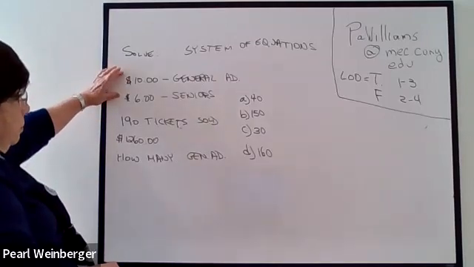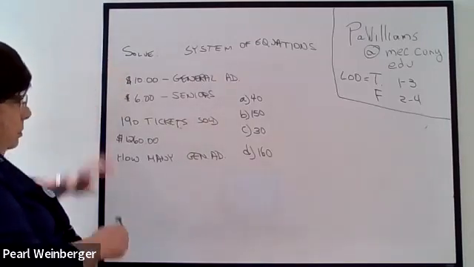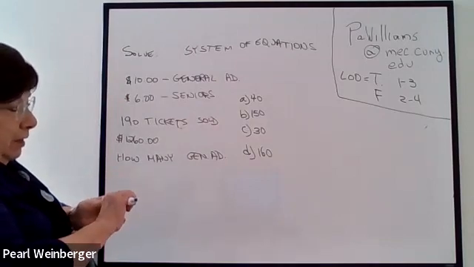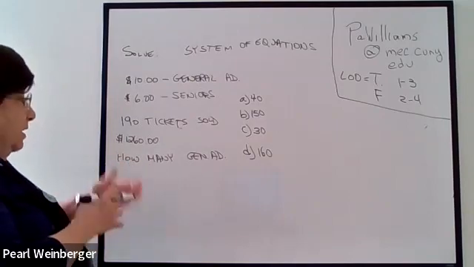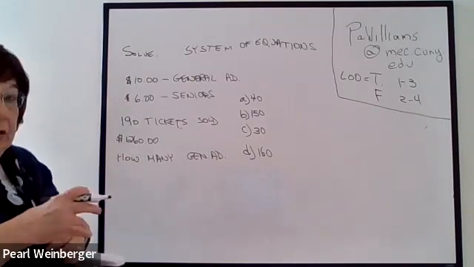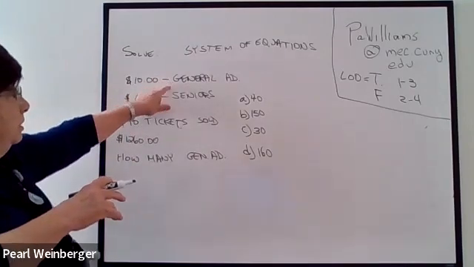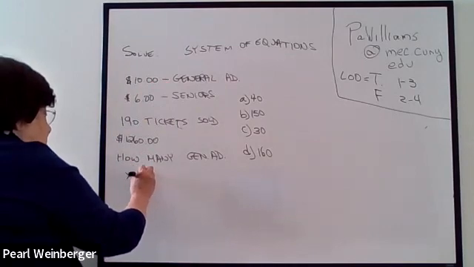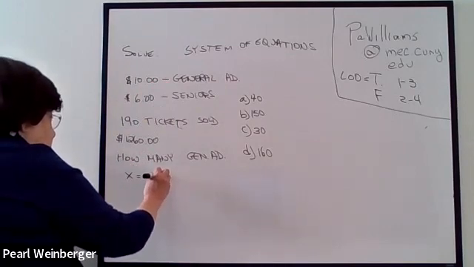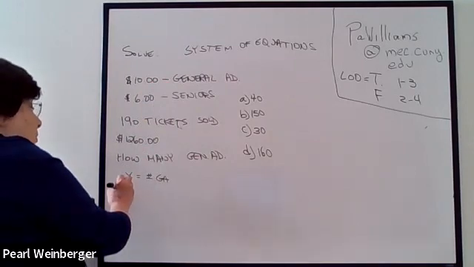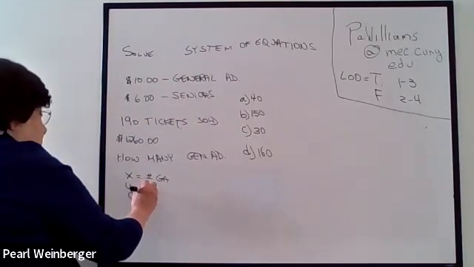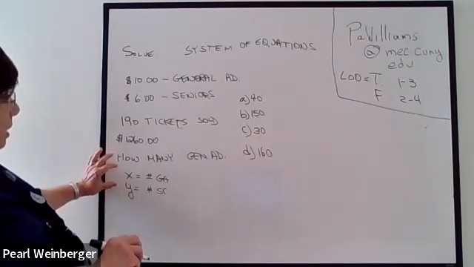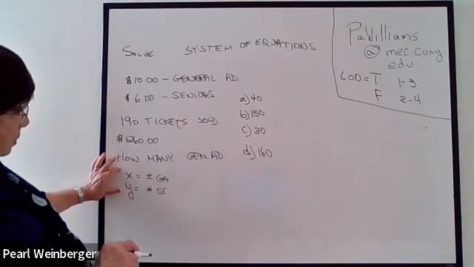All right, just like we did before, we're going to have to decide what variables we're going to use. I'm going to use X and Y again because that's my standard default. But if you want, you could have called this G and this S. I'm going to call X the number of general admission tickets, and Y the number of senior tickets, so that I keep track of what each variable represents.